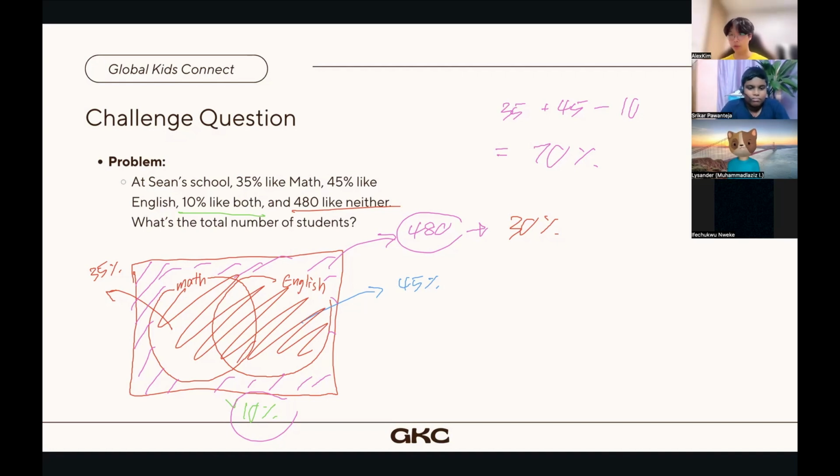And so coming back to our question, for our final steps, if we know that 30% of the unknown population is equal to 480, then we know two values and one value that we don't. So we can now put this into the function that we learned previously and say that the changed value, which in our case is 480, is equal to the original value times 1 minus the percentage.